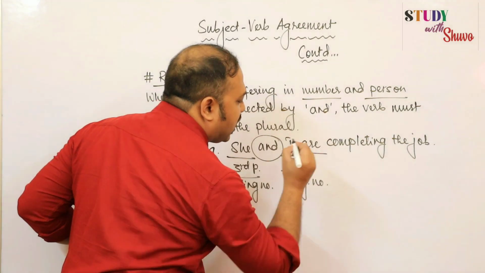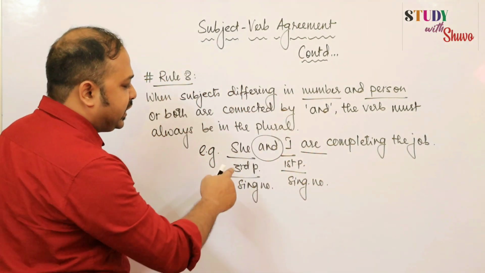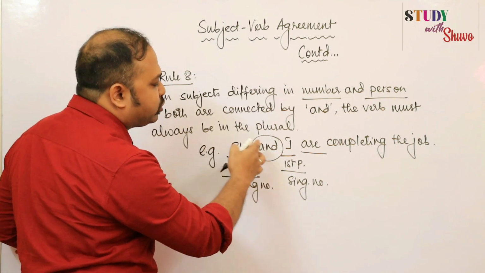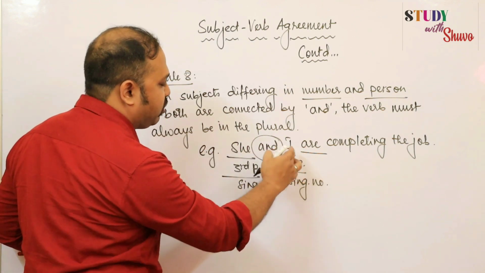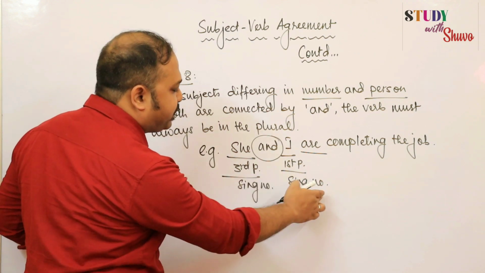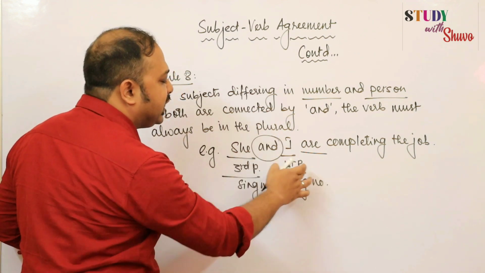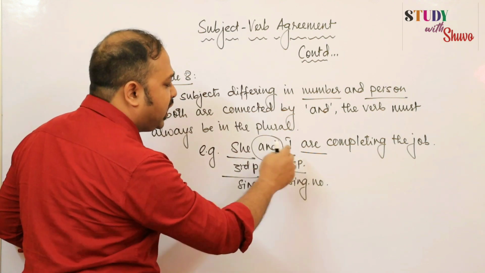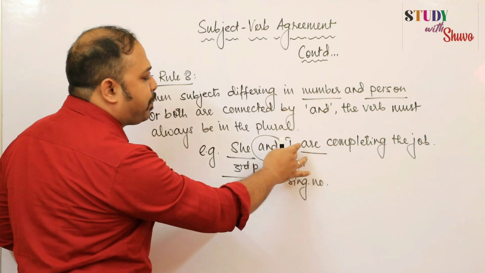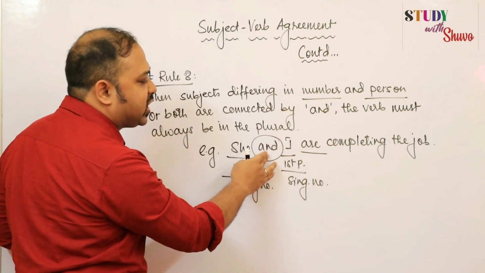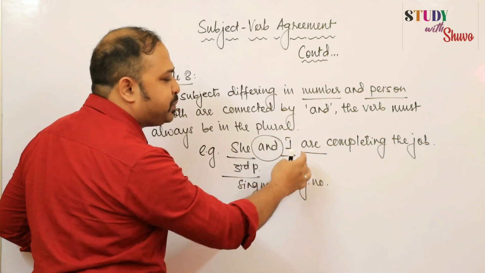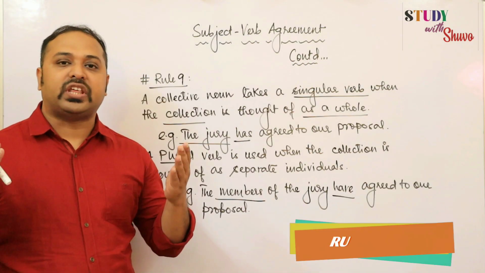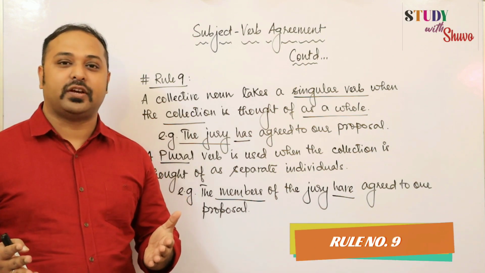So we have used a plural verb over here. So in this particular sentence, we have used 2 subjects, that is 2 pronouns, which have the same number, but they differ in their persons. One is a third person, another is a first person. If these kinds of nouns or pronouns are joined by the conjunction and, the verb will always be used in the plural. So now we go ahead with the 9th rule of subject-verb agreement.